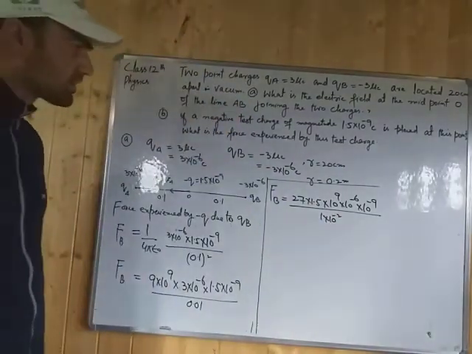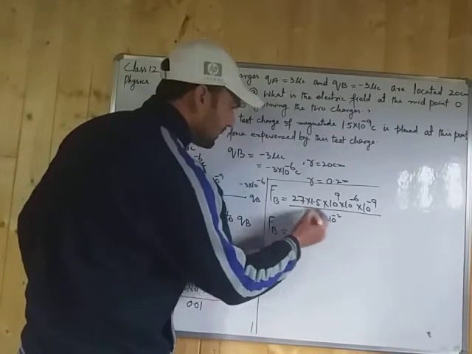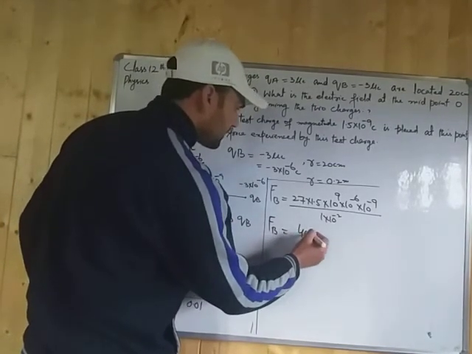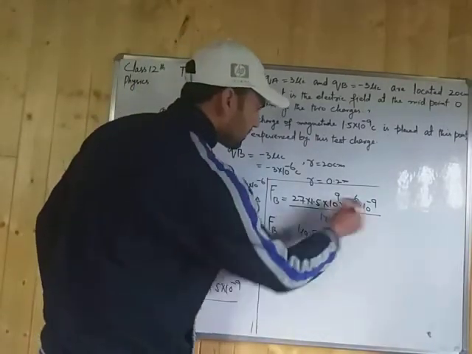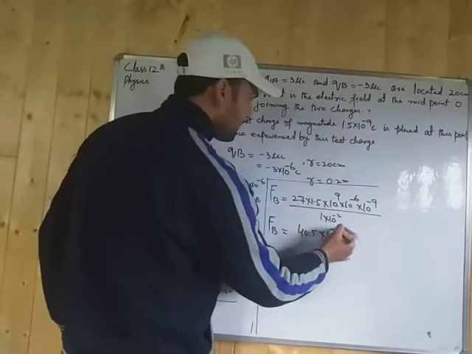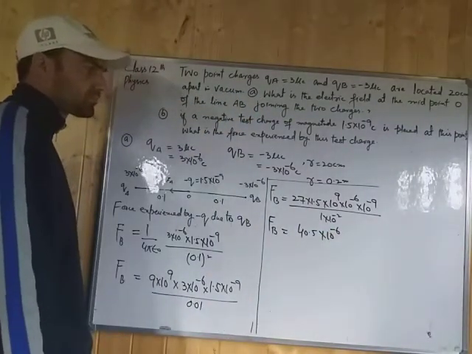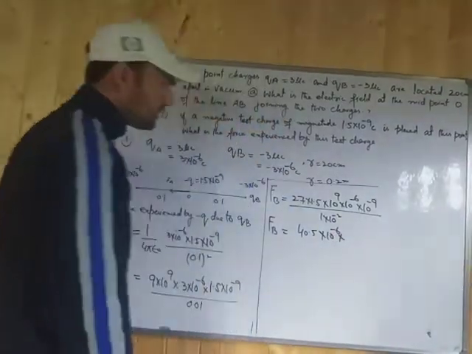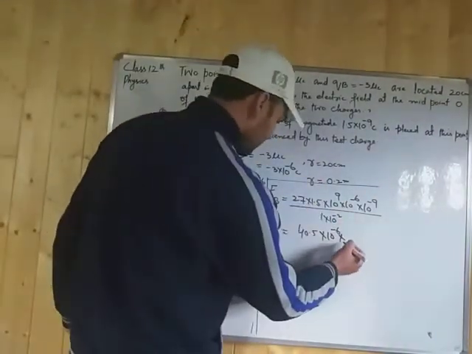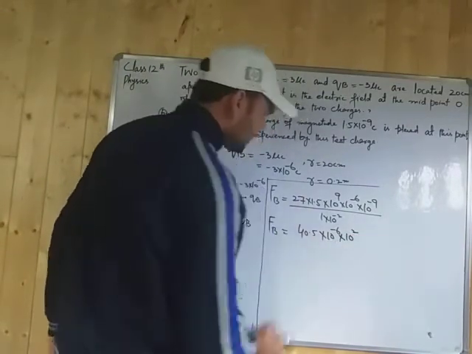So here fb is equal to 40.5 into 10 raised to power minus 6, divided by, this will be 10 raised to power minus 2.